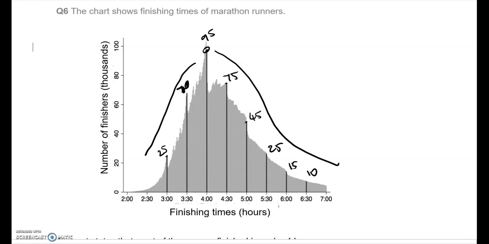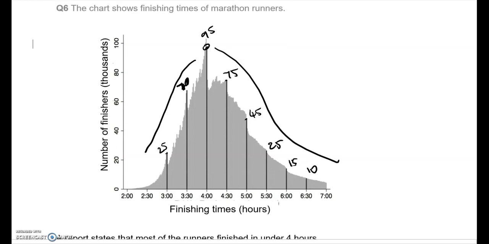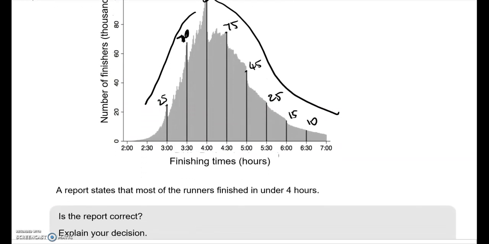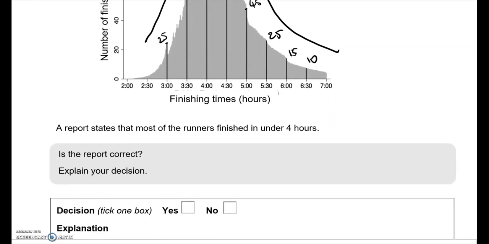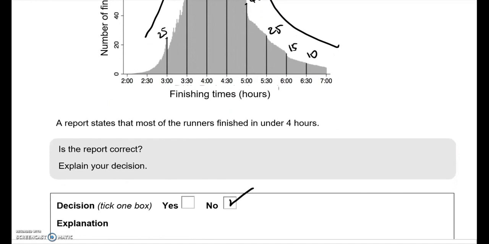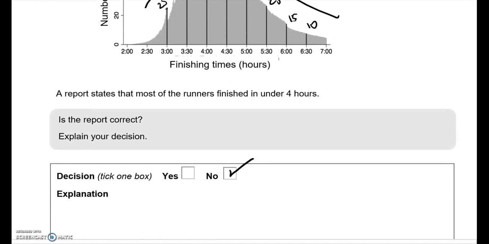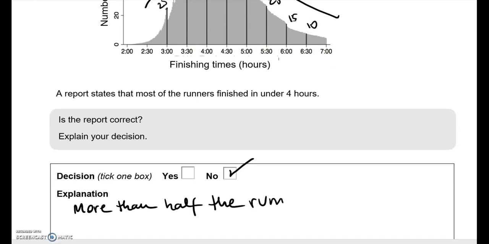So if we add them up, we can see that they're not equal. So we're going to say that the report is not correct and more than half the runners ran for over 4 hours.